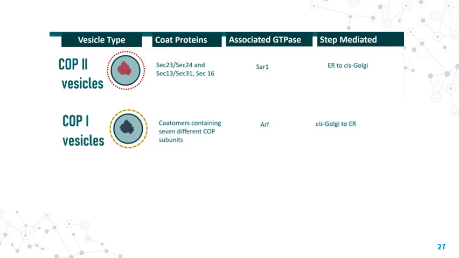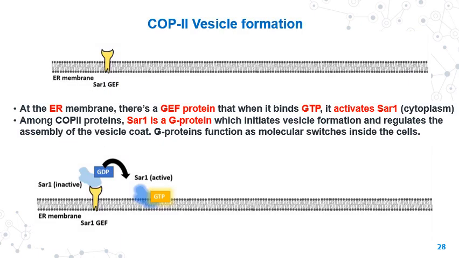Okay. Now let's see how these proteins are doing all this interaction. Okay. So here, of course, we're going to start with the COP2, right? So what is happening over here? First thing that you're going to find, this is on your ER membrane, right? First thing that you're going to find is that GTP exchange factor.